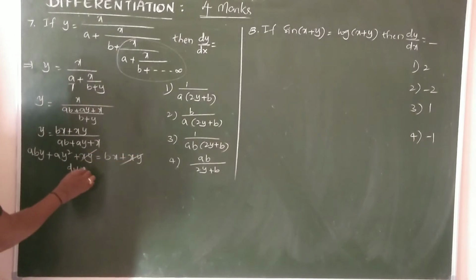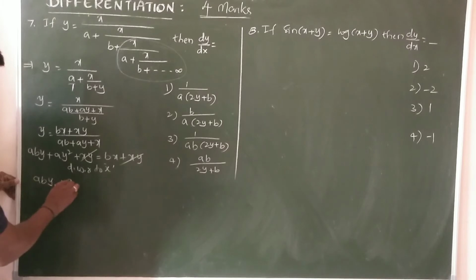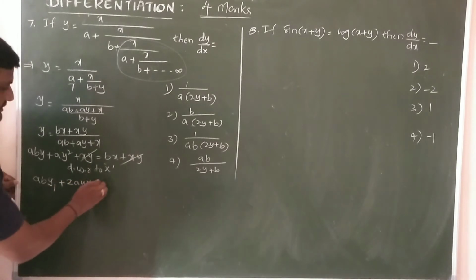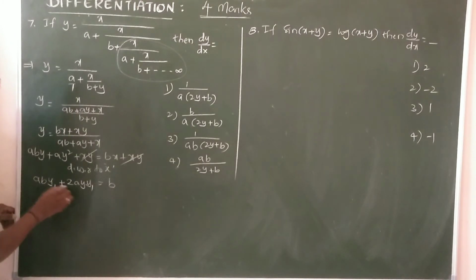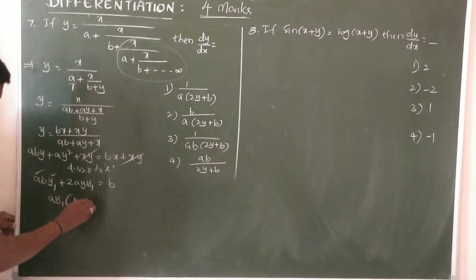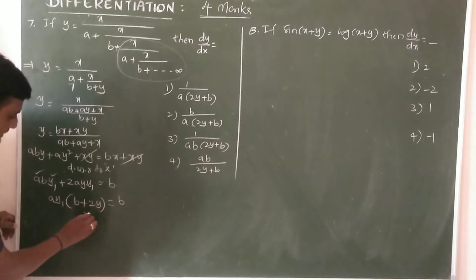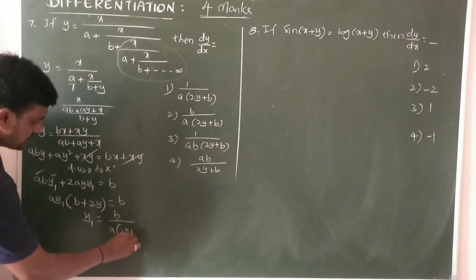Now differentiating on both sides with respect to x. Now it is ab y1, then 2ay y1 equals 0, equals b. Okay, so simplification, which one is common here? a and y1 are common, so b plus 2y equals b. Then y1 equals b by a into 2y plus b.